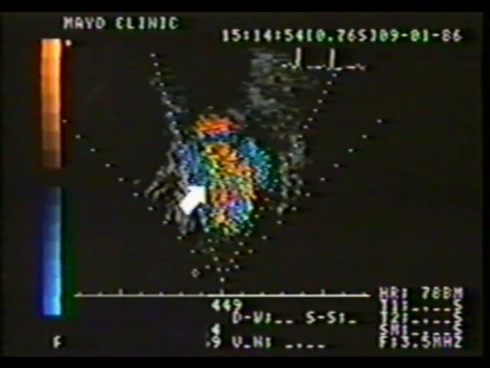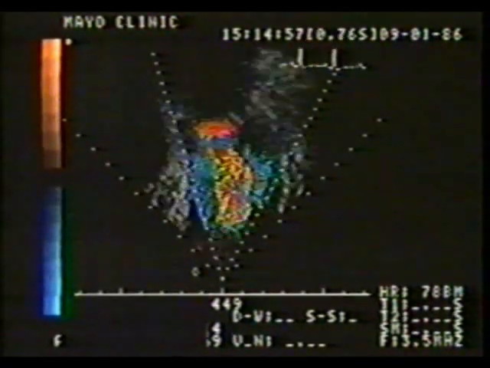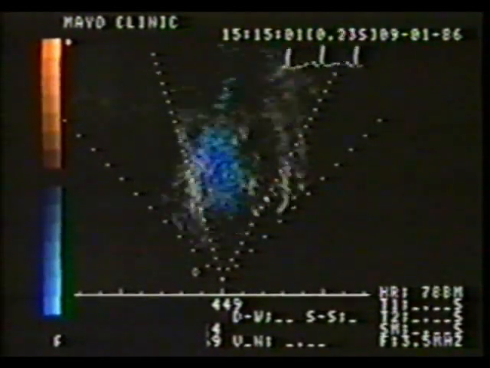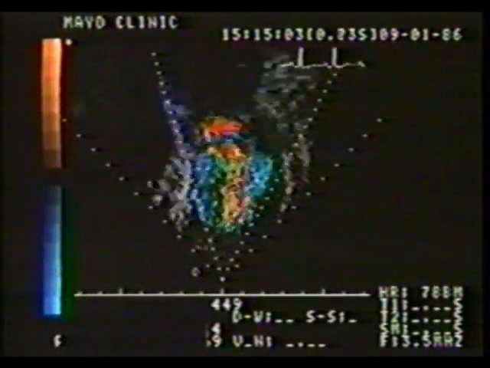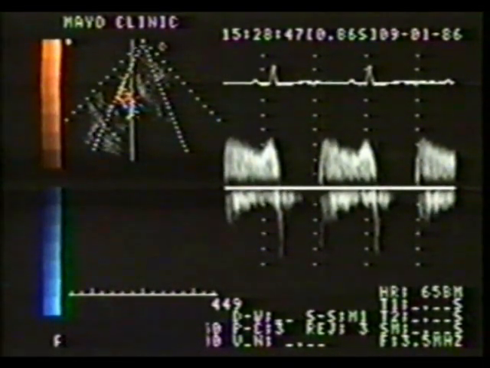Note the typical jet of mitral stenosis. Color flow imaging can help guide the CW Doppler exam. This assumes greater importance in patients with eccentric jets.